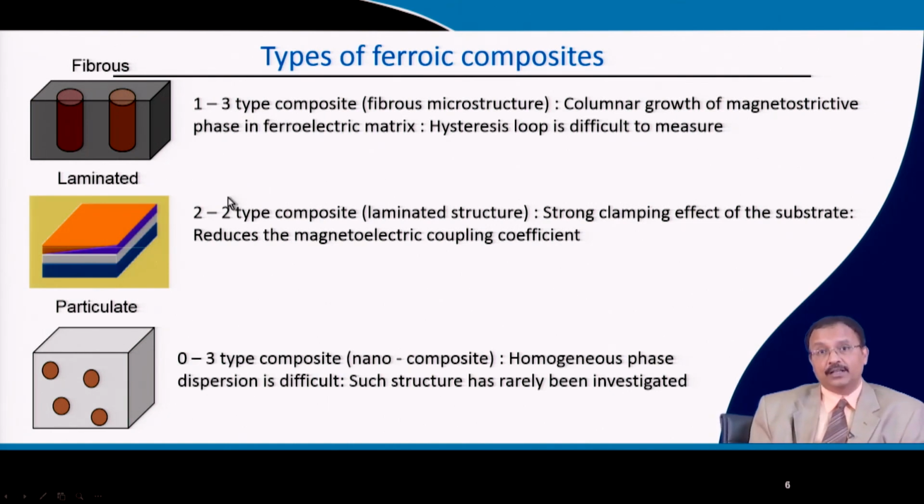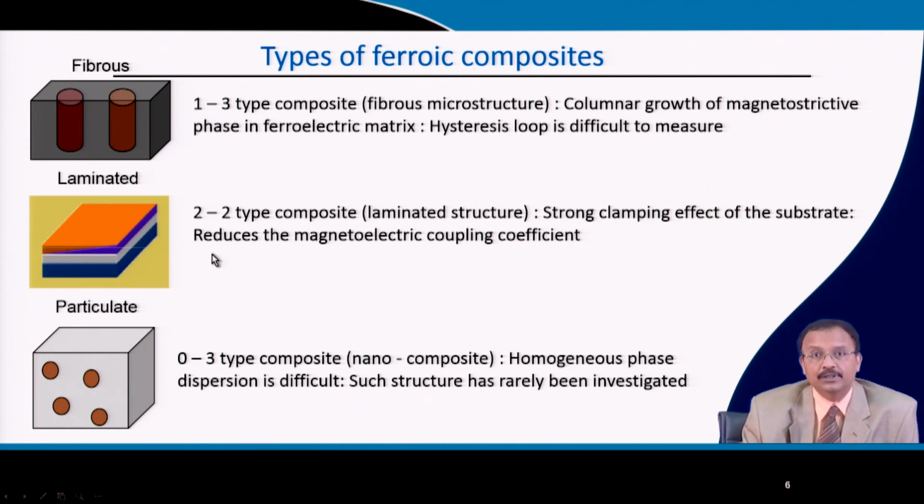It is possible for a magnetostrictive material to have a columnar kind of growth in a ferroelectric matrix, but you know that this phase has relatively higher conductivity as compared to the ferroelectric material. So, if you deposit electrodes here and try to measure its hysteresis loop, it is problematic because these are conducting in nature. So, that is not very attractive.